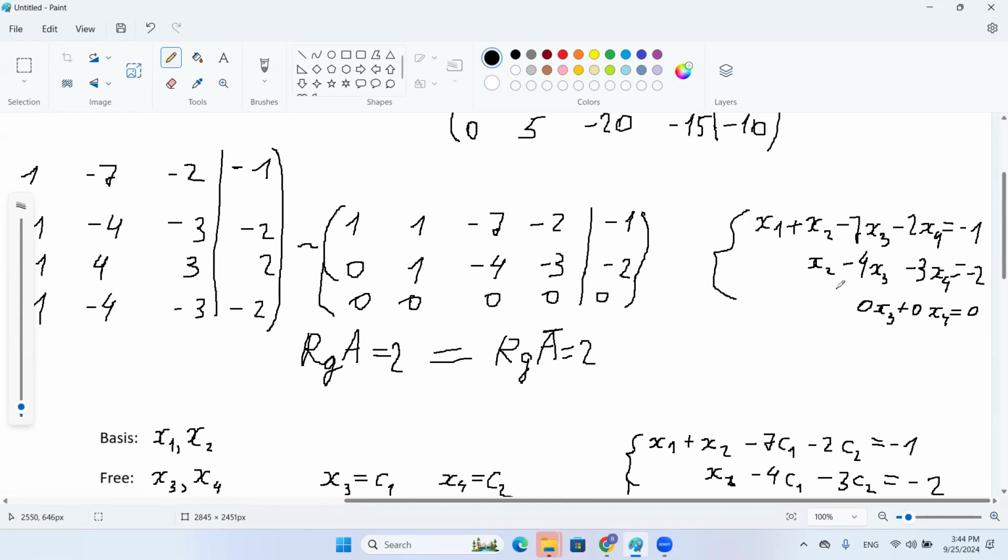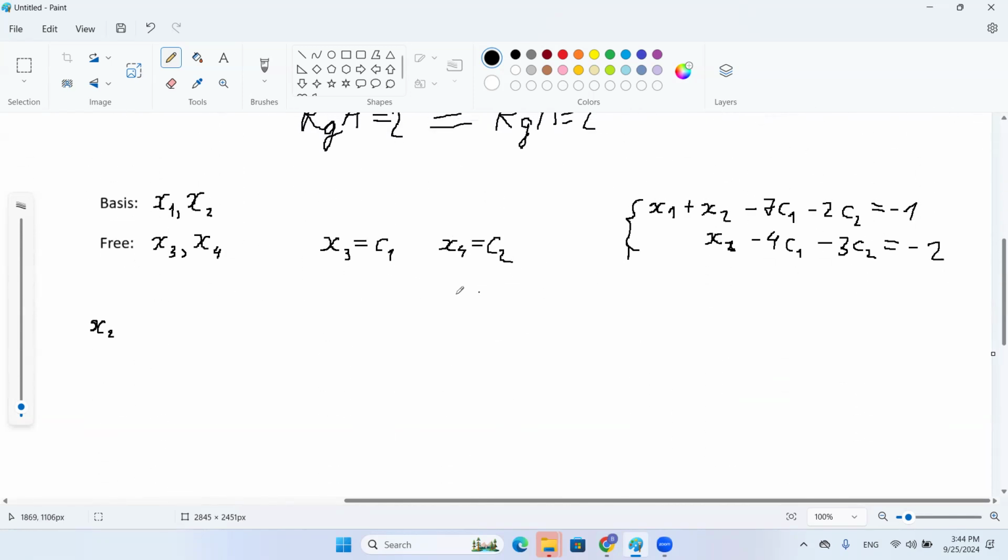Yes. Okay. And now let's solve with respect to x2. So x2 equals 4c1 minus 3c2 minus 2.